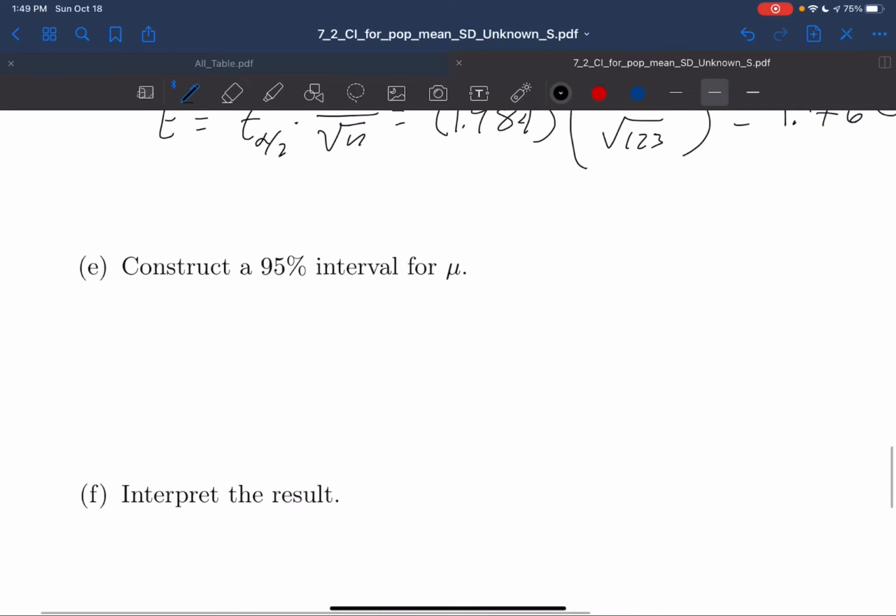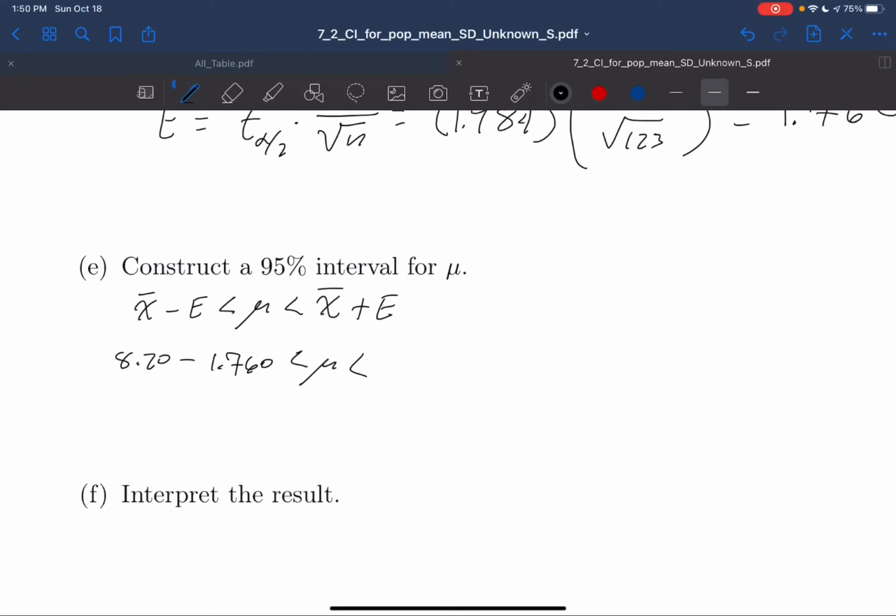This will be X bar minus our margin of error is less than mu less than X bar plus our margin of error. So this will be 8.20 minus 1.760 is less than mu is less than 8.20 plus 1.760, which is 6.44 is less than mu is less than 9.96.